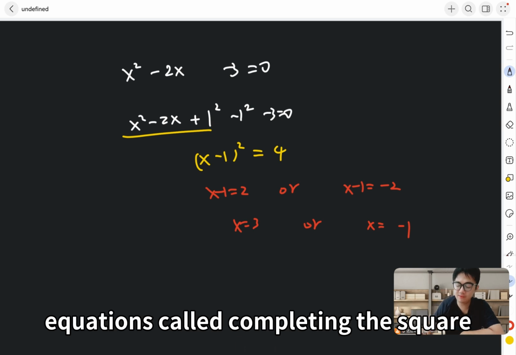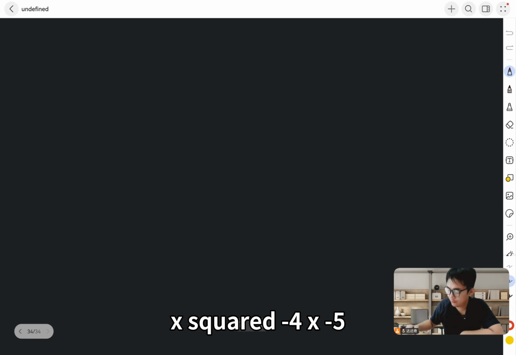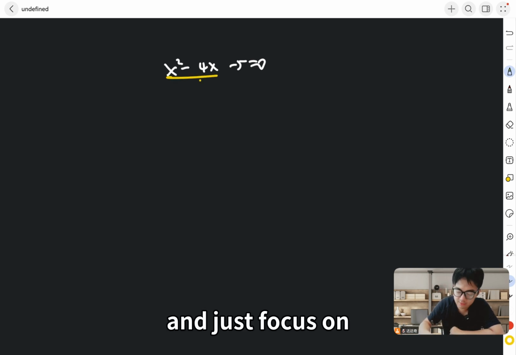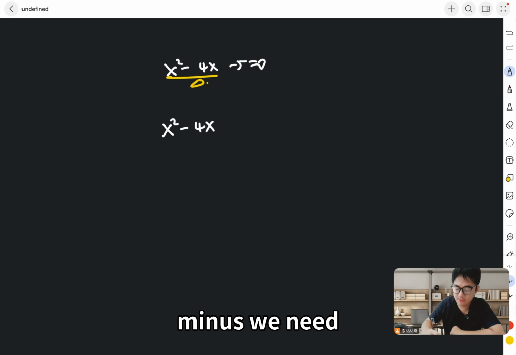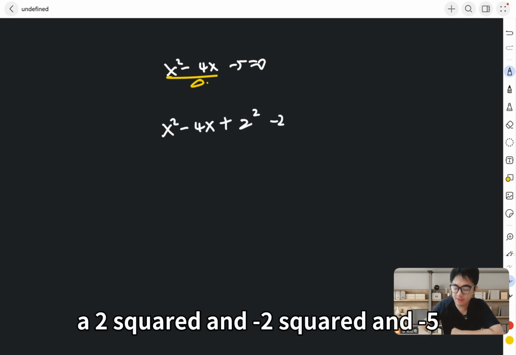called completing the square. And let's do another one. x squared minus 4x minus 5 equals 0. And just focus on the first part, minus 4x. We need a 2 squared and minus 2 squared and minus 5.